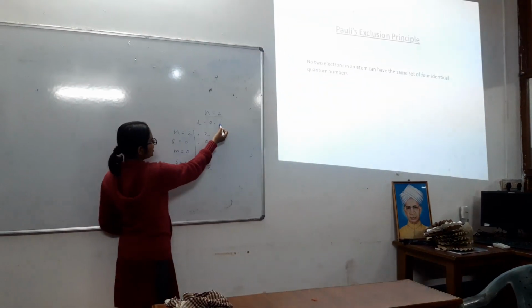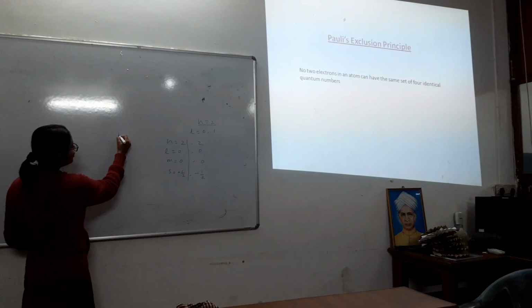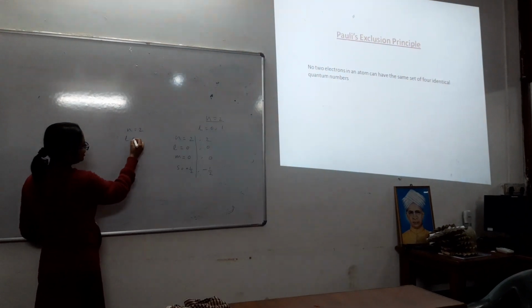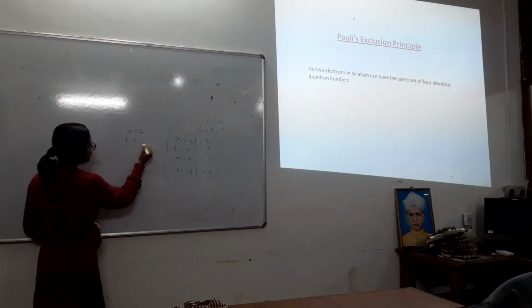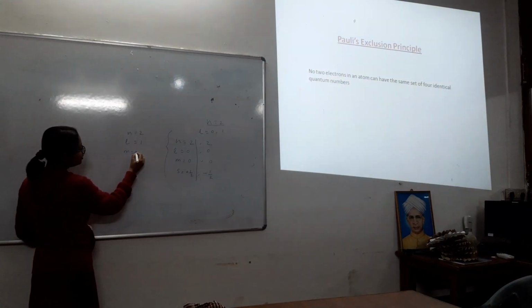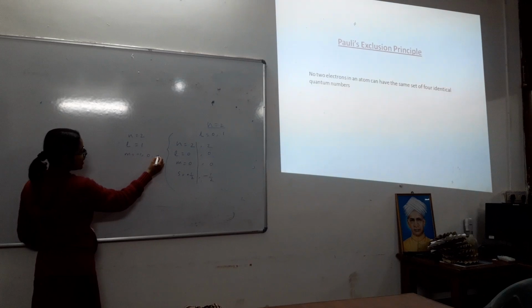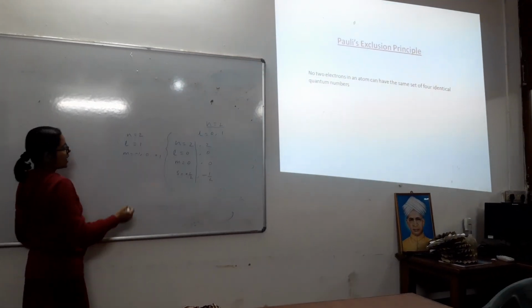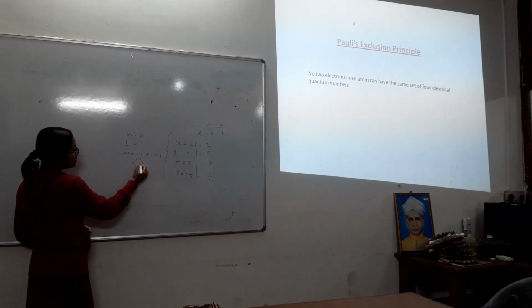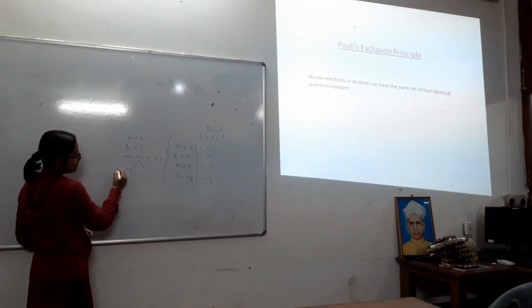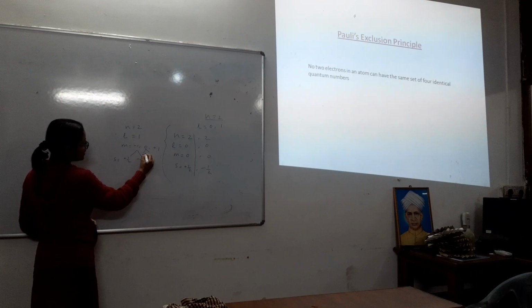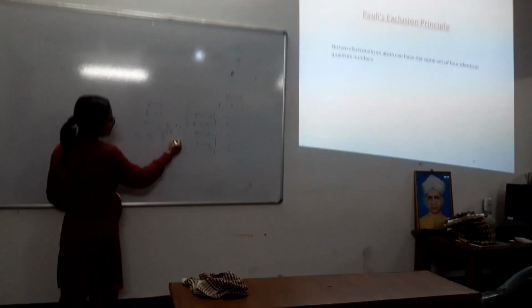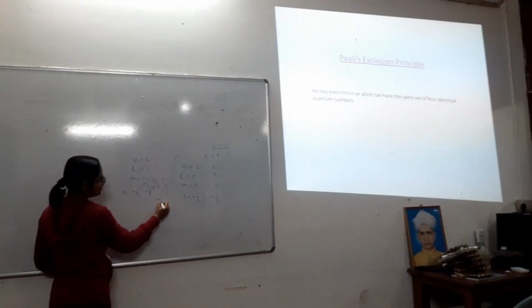Now take this one, that is n equal to 2 and l equal to 1. For this we have m equal to -1, 0 and +1. And for each of these we have a spin value of +1/2, -1/2. Here also +1/2, -1/2. Here also +1/2, -1/2.